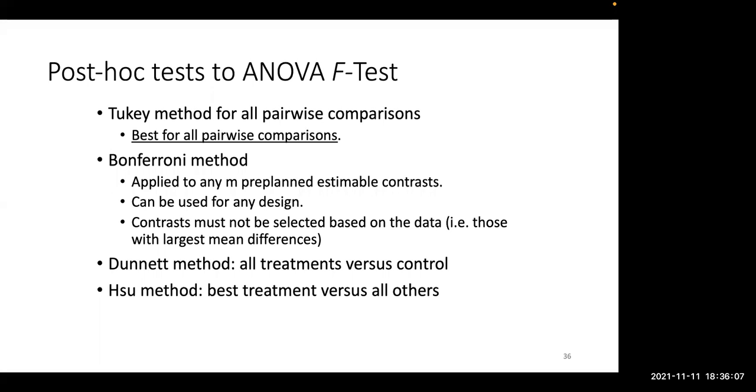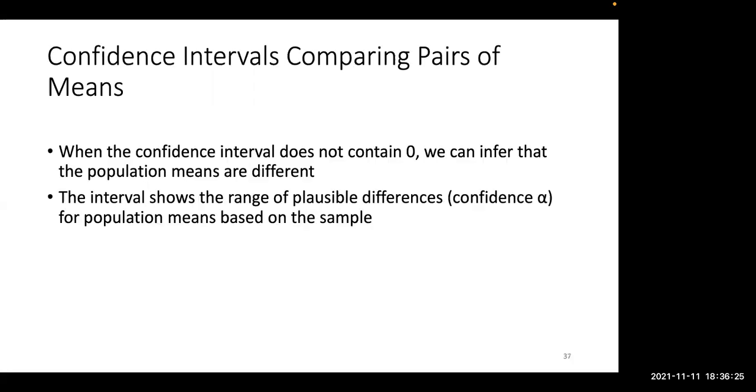With a Bonferroni, you will adjust the p-value that you will accept based on the number of comparisons that you have conducted. Then you have a Dunnett method and the Sidak method, which are essentially less commonly used post-hoc comparison methods.